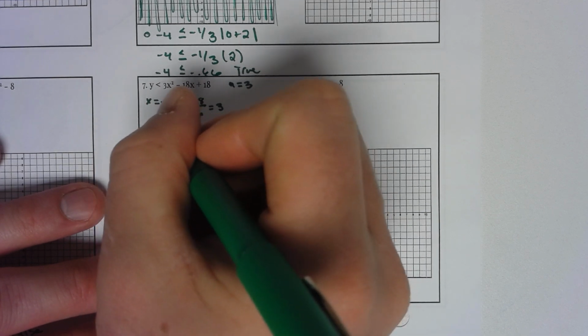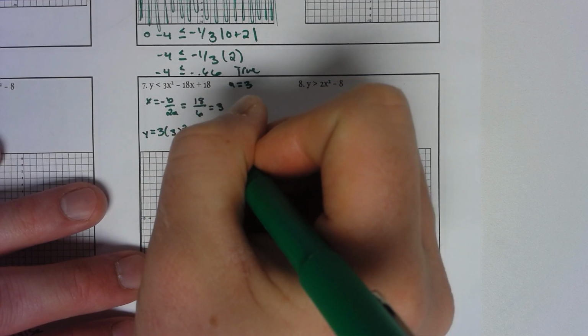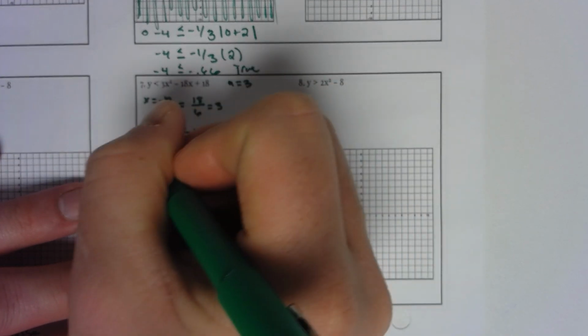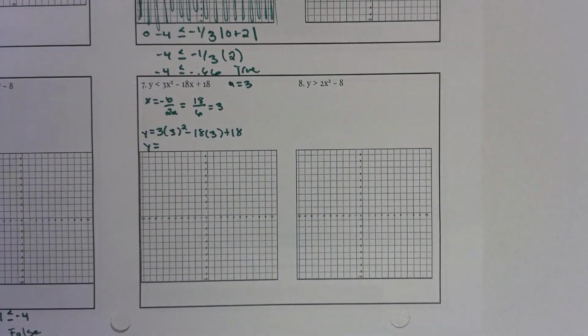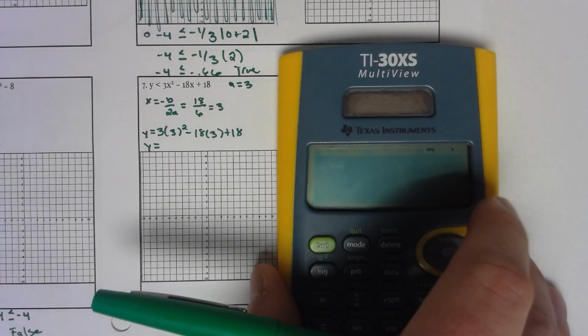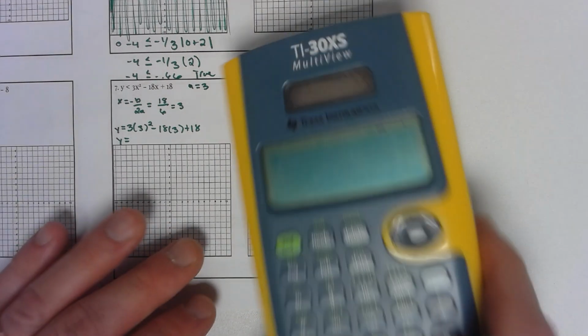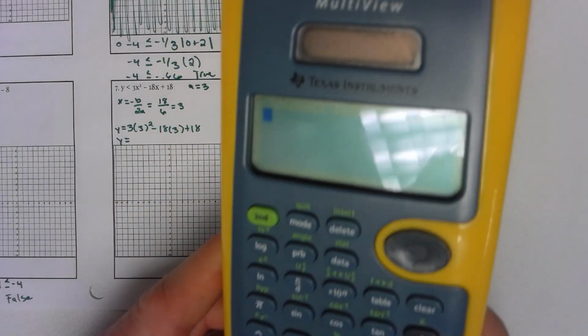So y is equal to 3 times 3 squared minus 18 times 3 plus 18. And just since we don't have a ton of space, I'm just going to let the calculator do the work for me. Again, if we're still having trouble getting to the right y value with the calculator, these are things we should be asking about, but also things that we're practicing, because it is a skill and not the most obvious.